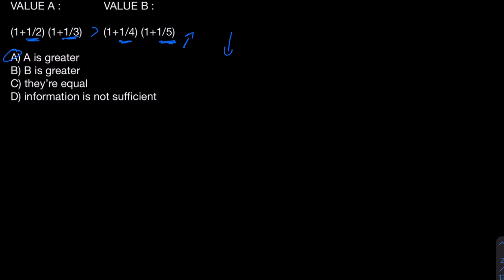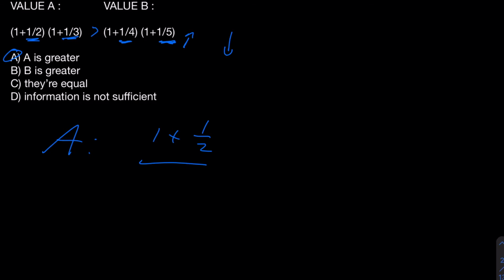But if you actually want to get it right, you have no space to make mistakes, then let's see the actual method. So for value of A, we have 1 plus 1 over 2. Before we even continue, we can find a way to make this more logical, simpler.